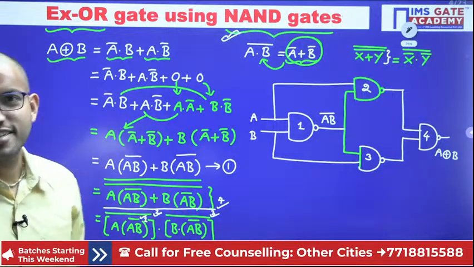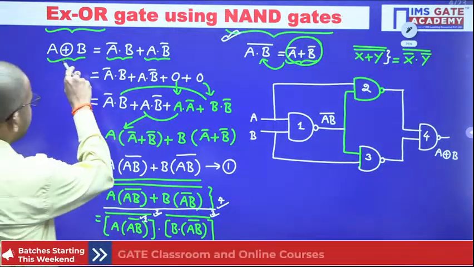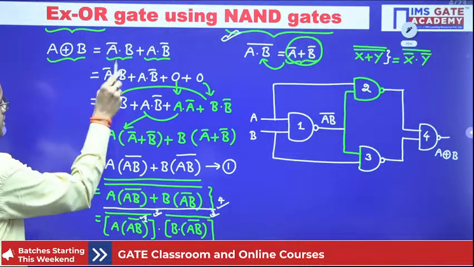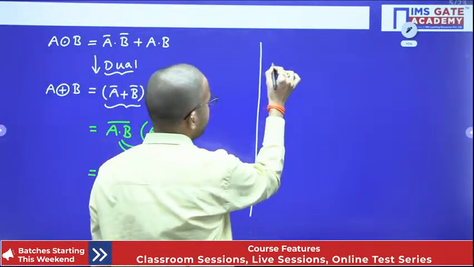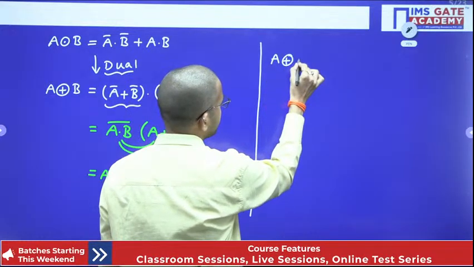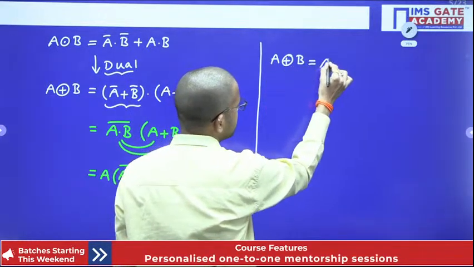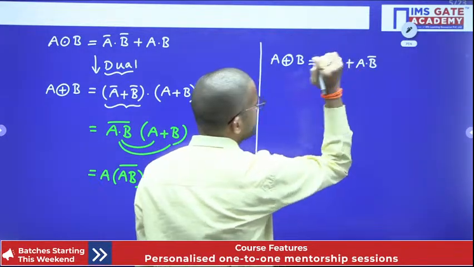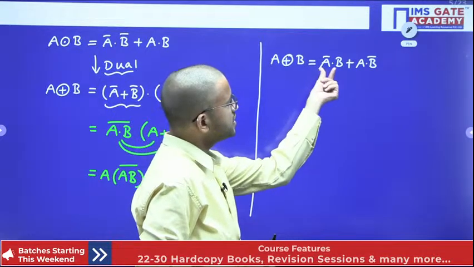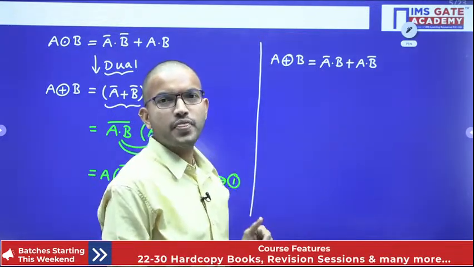Okay, we'll cross check. What I told is that directly you can consider this expression A XOR B, which is A bar B plus AB bar. Now this expression is in X plus Y format.